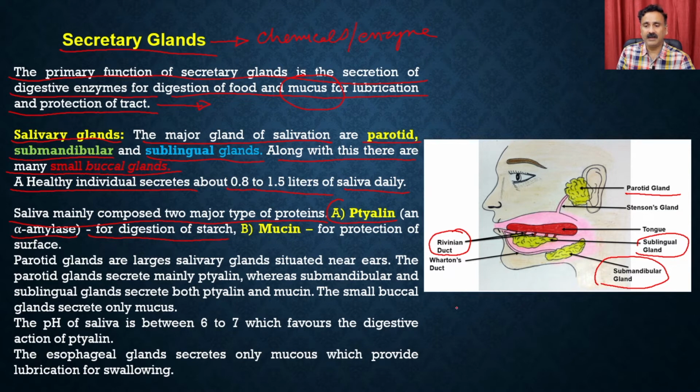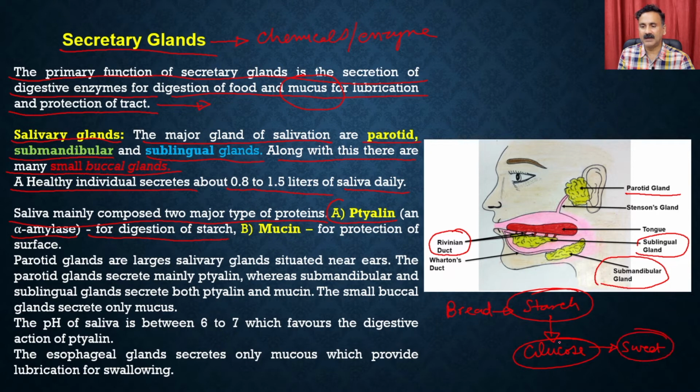For example, if you eat bread, bread is made up of starch, but starch is not sweet. Starch is actually a polymer sugar. So, with the help of alpha amylase, the starch is instantly converted into glucose or dextrose, and that glucose is sweet in taste.